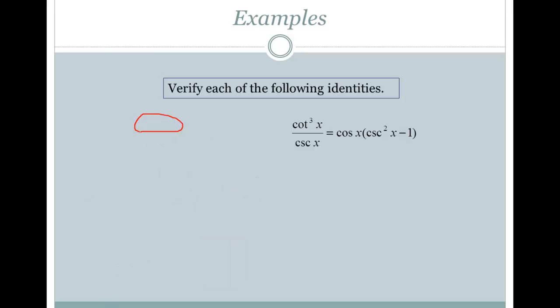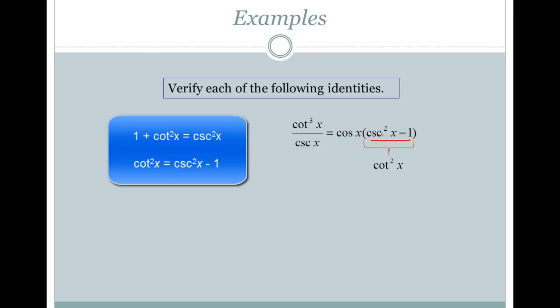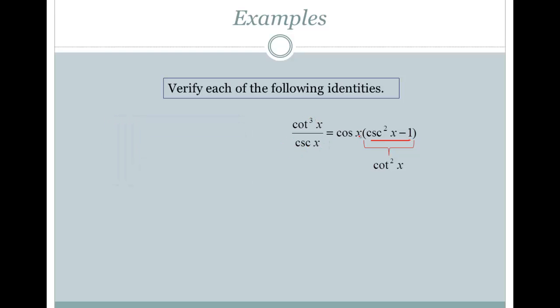Cotangent cubed x over cosecant squared x minus 1 equals cosine x over cosecant x. A couple things I noticed right off the bat in this example. One, this right here is an identity, so I can think about that as cotangent squared. Not sure how I'll use that, but I'm noticing it. I still want to start on this side, since this side of the equation is a little more complicated.